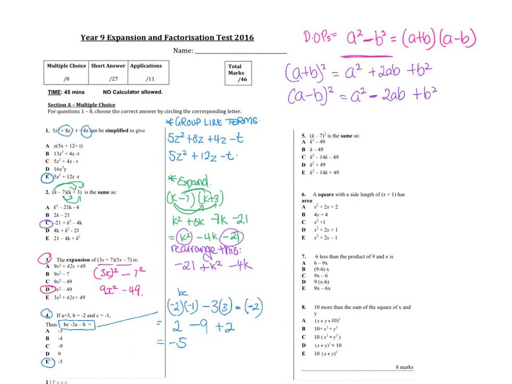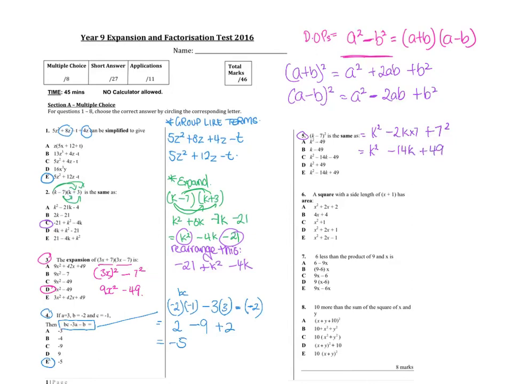So if we look at question 5, (k minus 7) squared, we know that expands out. Looking at the pattern, it will be the first term squared minus 2 times k times 7, and then plus 7 squared. So you fix that up, you get k squared minus 14k plus 49.